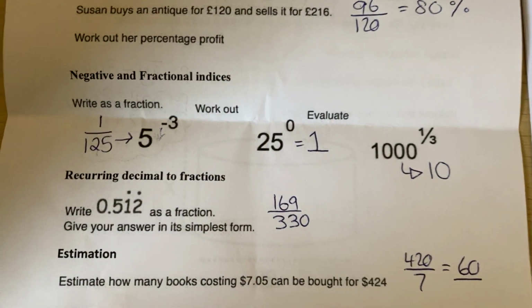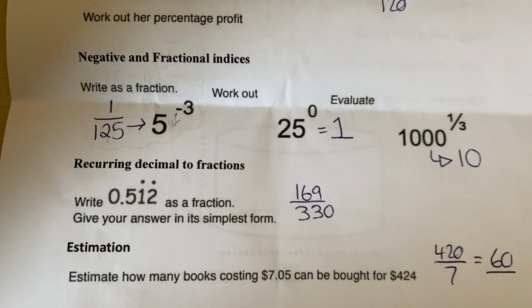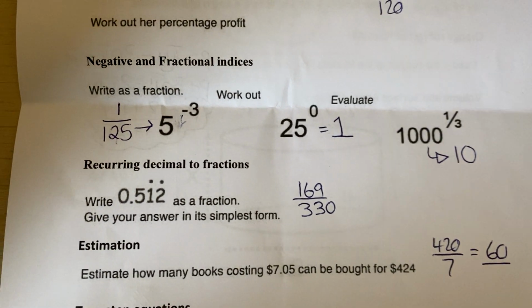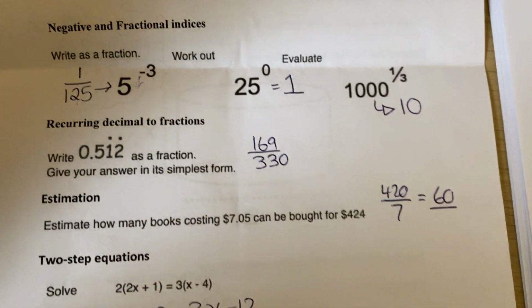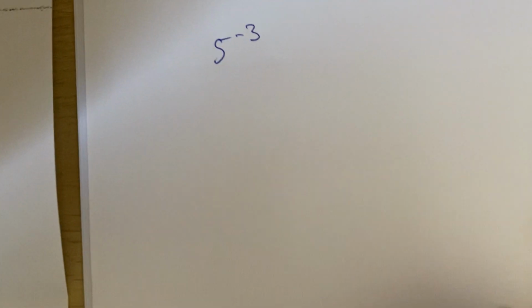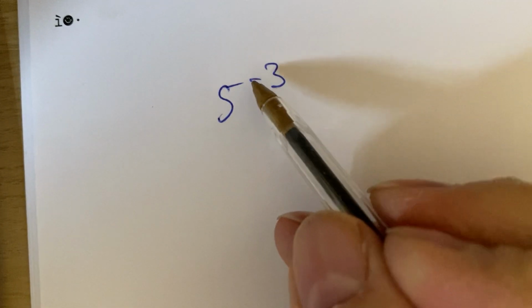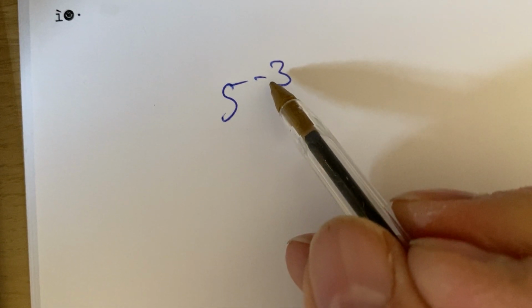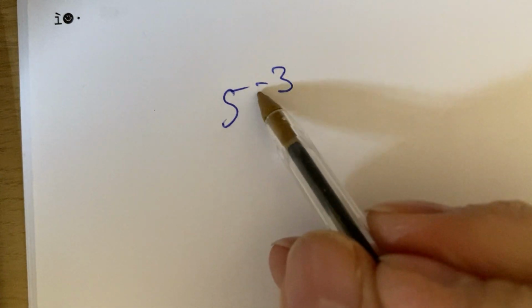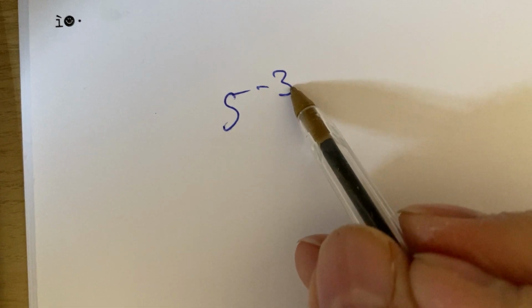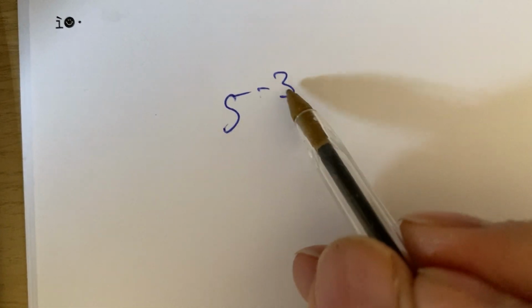Okay. Then the next one here is negative and fractional indices. Now, this is something we do need to work on because this is where people are making some fundamental mistakes. So look, remember, that minus just means the reciprocal, 1 over. There are two things happening here. There's this and there's this, they're separate things.